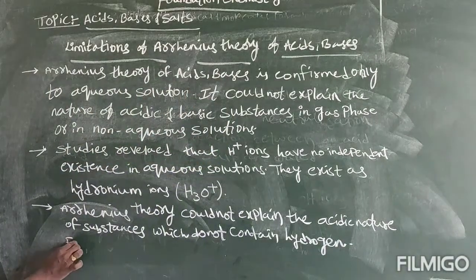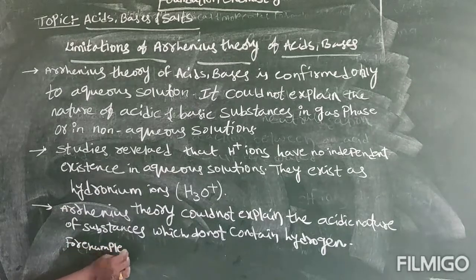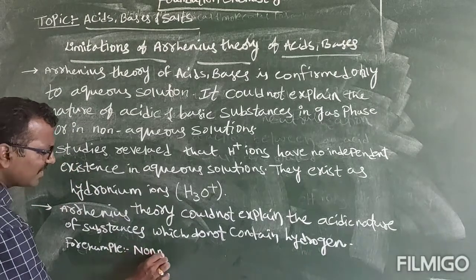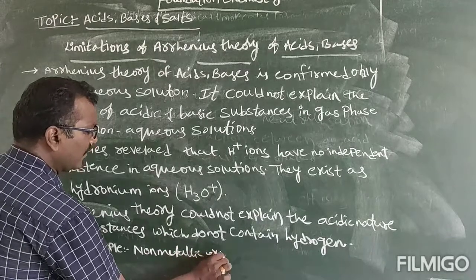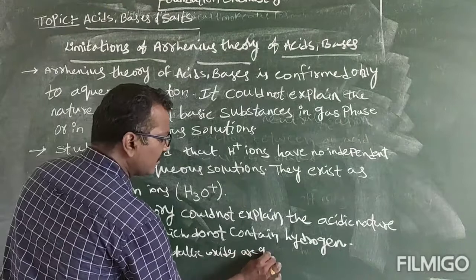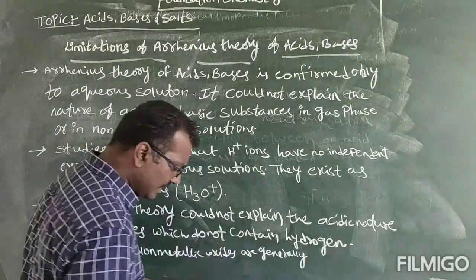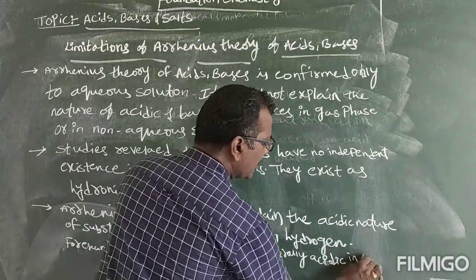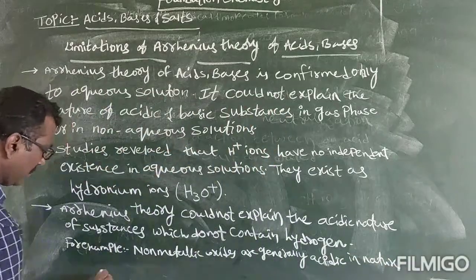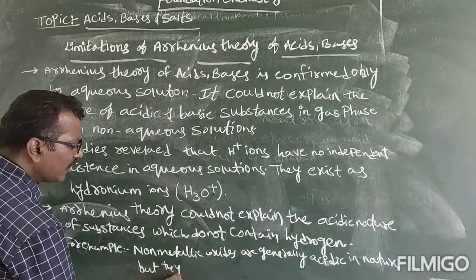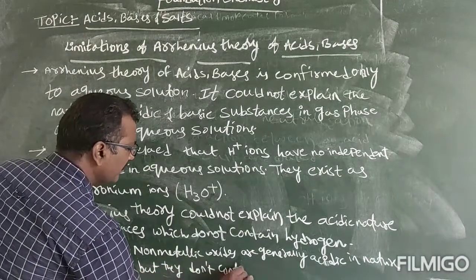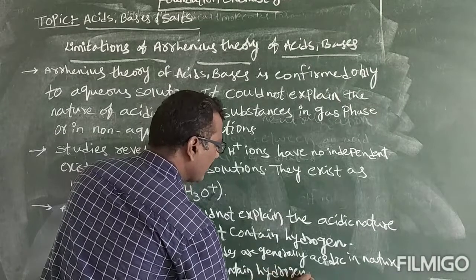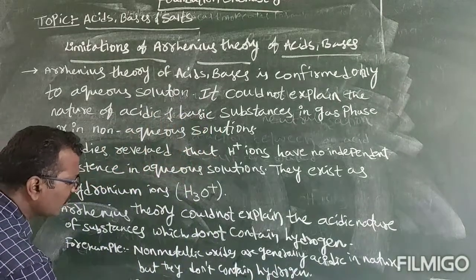For example, non-metallic oxides are generally acidic in nature, but they do not contain H plus ions. CO2, SO3 are examples.